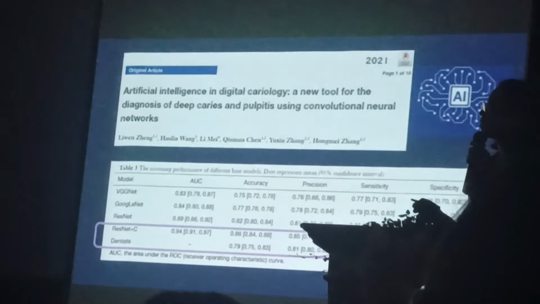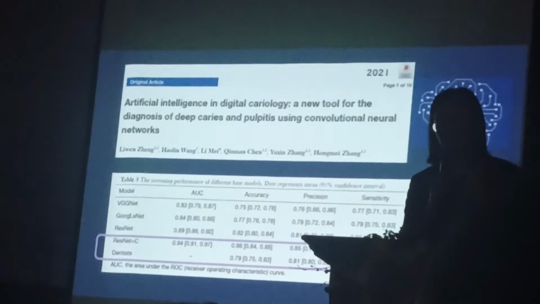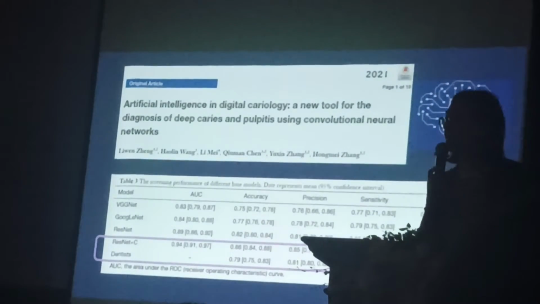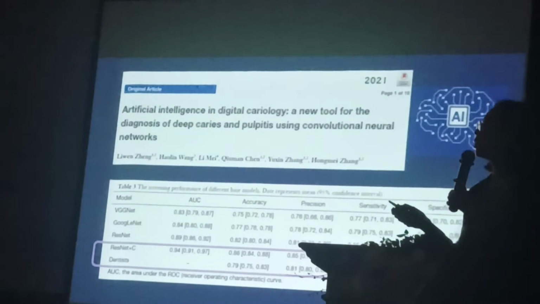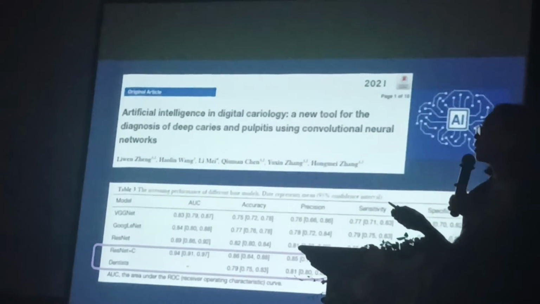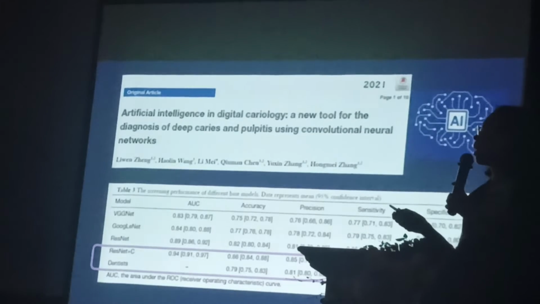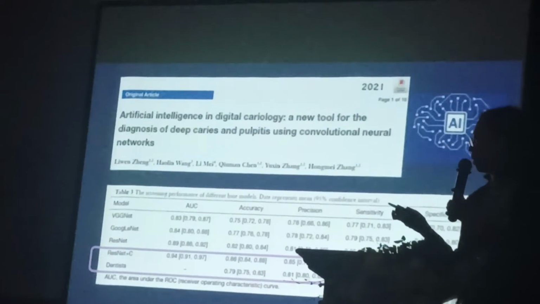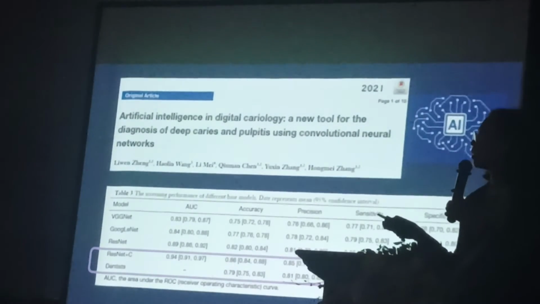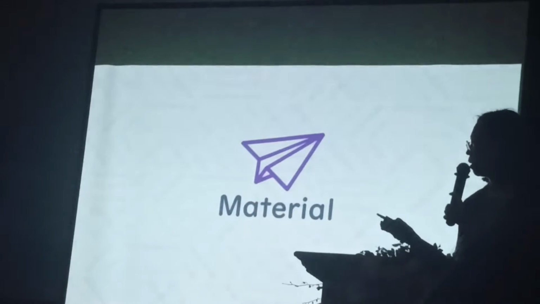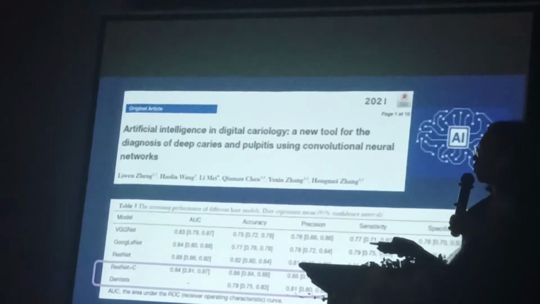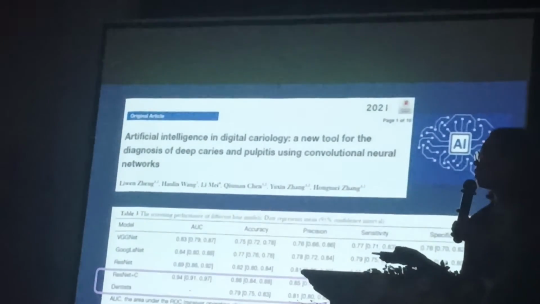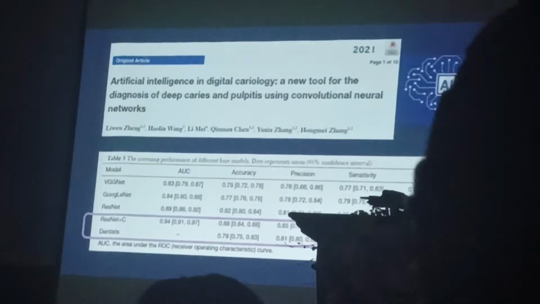which hopefully in the future we'll be able to do chair side. And talking about AI, artificial intelligence, in this study, they look at how to diagnose deep caries and periapical lesions and pulp hypo. And they look at different models of the neural network and run it, and compare to dentists.